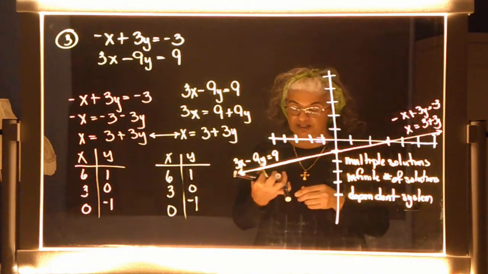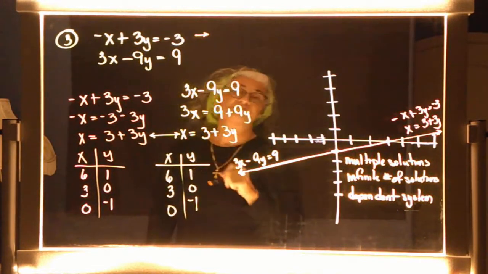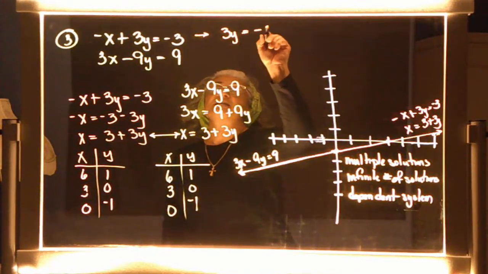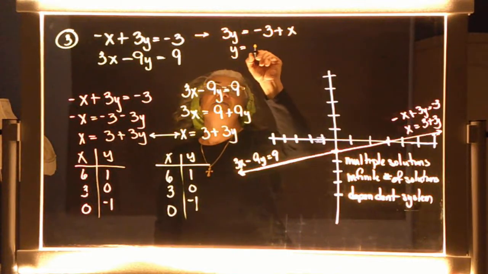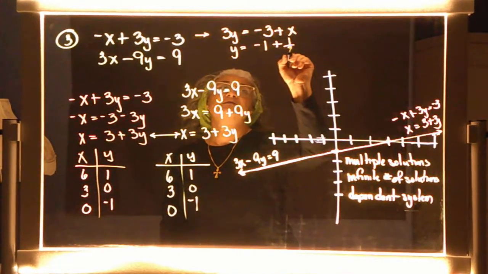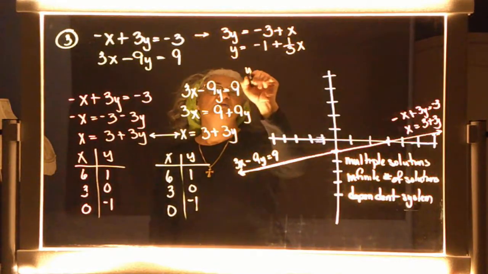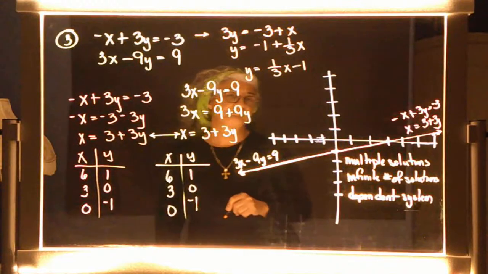Okay. So, I'm going to do a little switch up on you. It's okay, you can handle it. I'm just going to take the first equation and I'm going to get the y by itself. I'm going to be traditional and get the y by itself. And I divide by 3. Do you agree? Okay. Which means y equals 1/3 x minus 1.